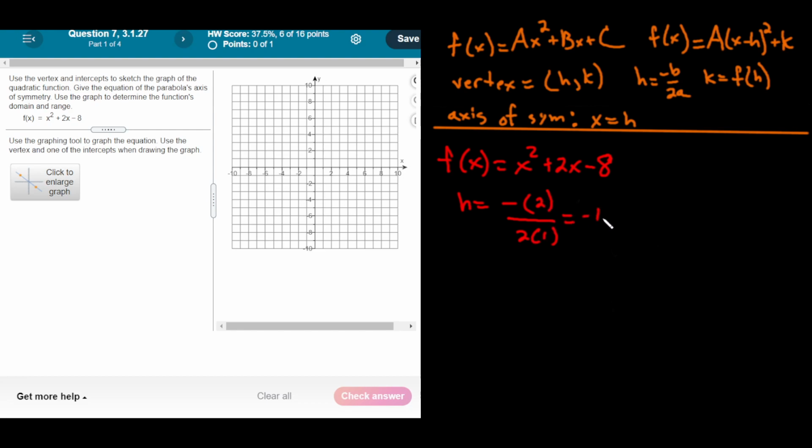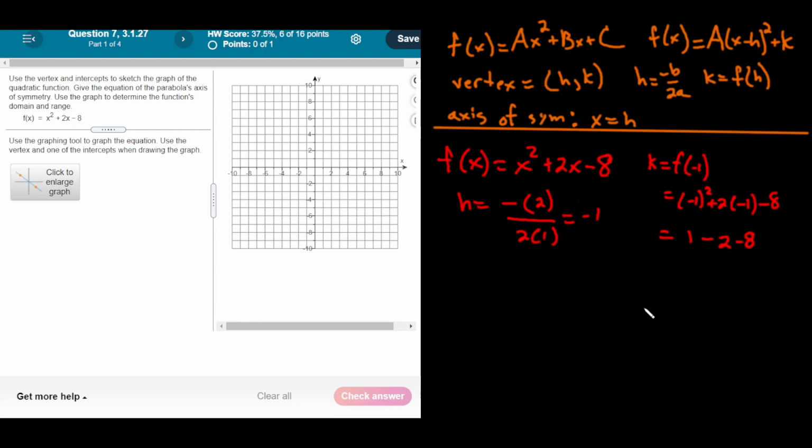So there's your h. Let's get your k. To get your k, you plug in whatever your h was. So we're just plugging in negative 1 into our function. That's negative 1 squared plus 2 times negative 1 minus 8. Negative 1 squared is positive 1. So 1 minus 2 minus 8.